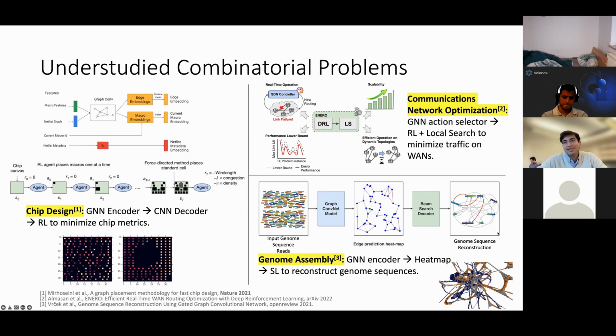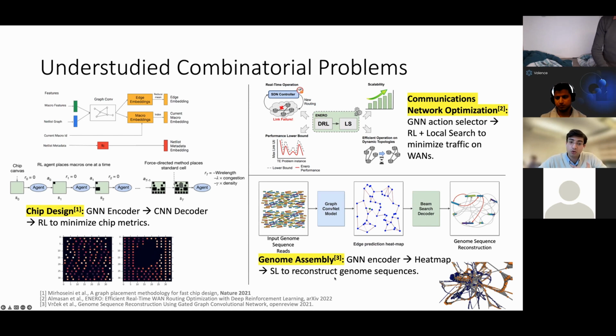And recently Vrcek et al. applied this graph convnet plus beam search decoding, heat map type approach to genome sequence reconstruction. And in this case, they were using supervised learning because we have basically the full human genome at this point.